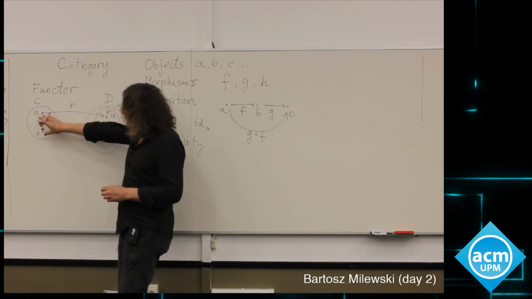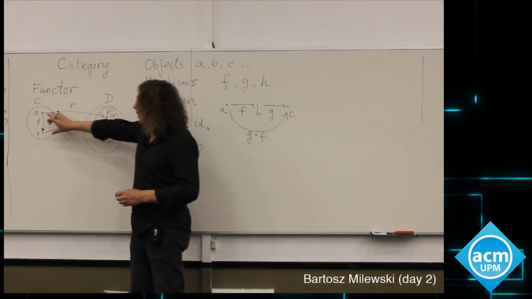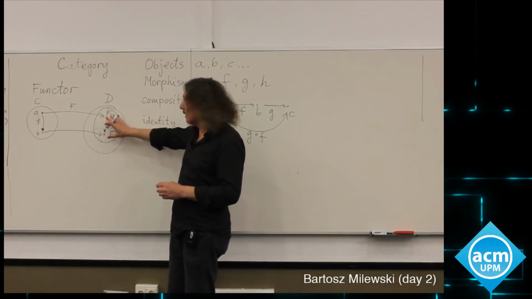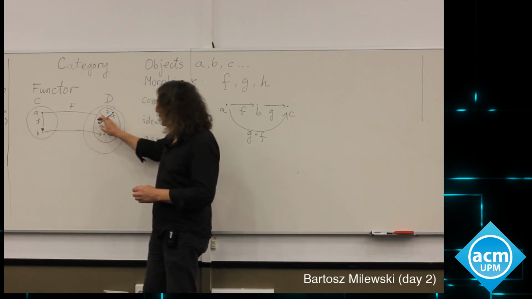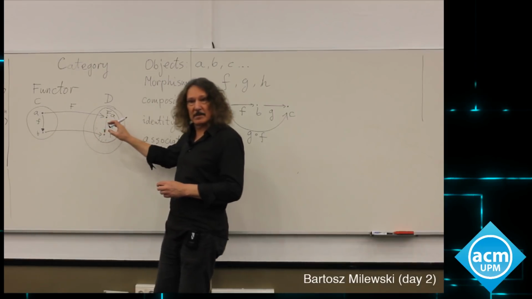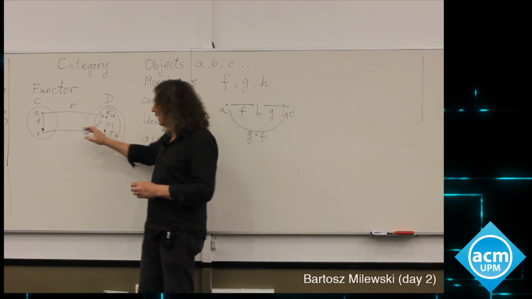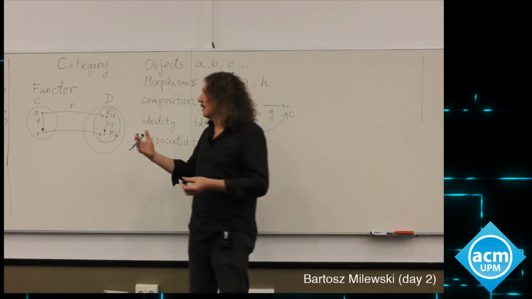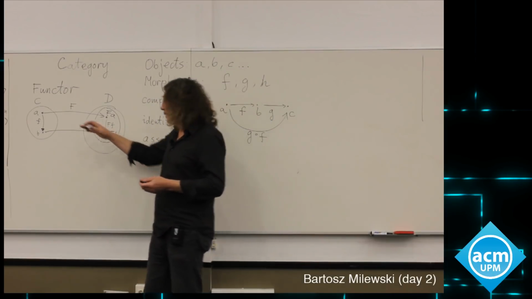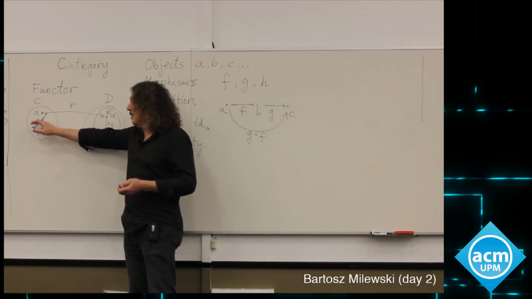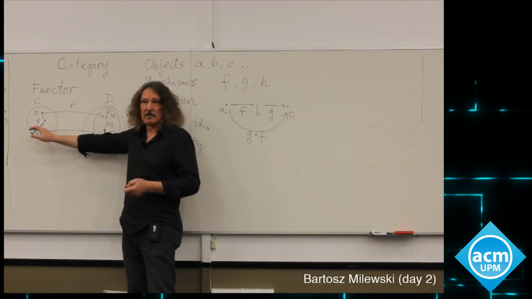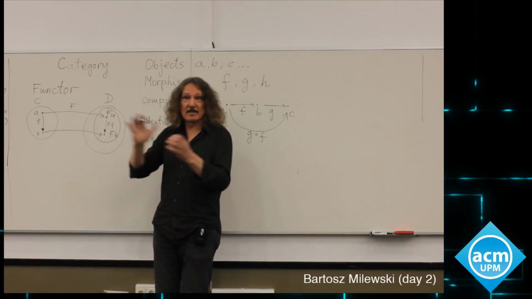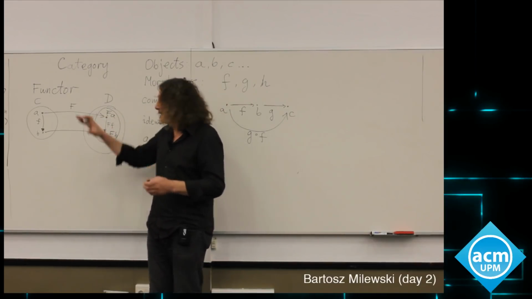So in this way, we are embedding this whole structure inside the category of D, and we are embedding all the objects and all the morphisms, right? And again, because this is a function on arrows, on morphisms, it can map multiple morphisms here into a single morphism here. It's okay. It can squish things together. It can squish objects.